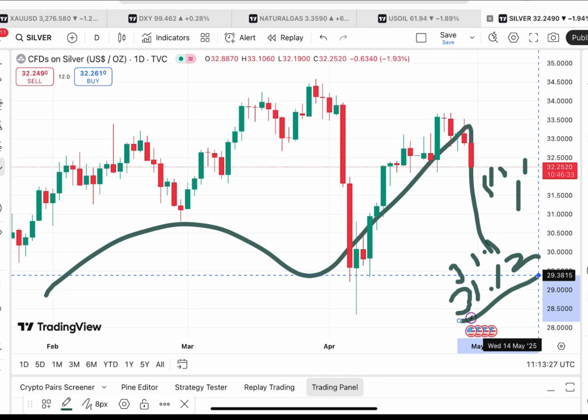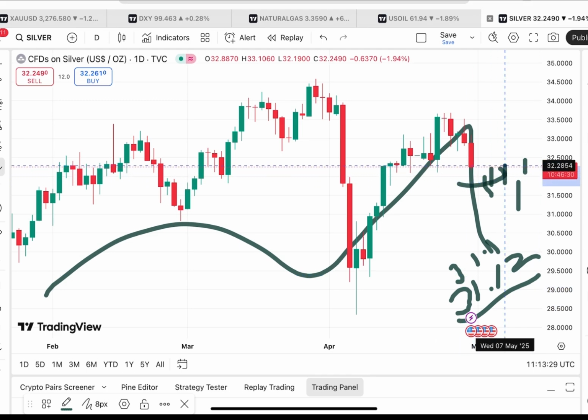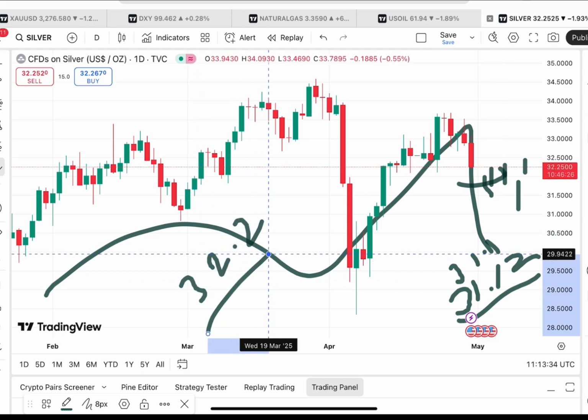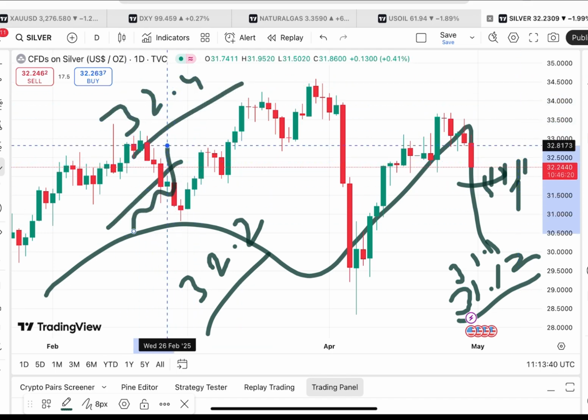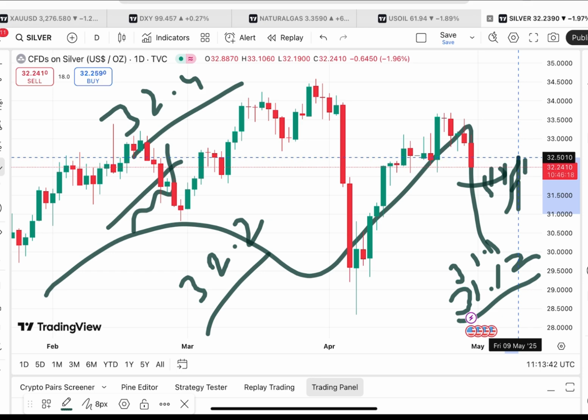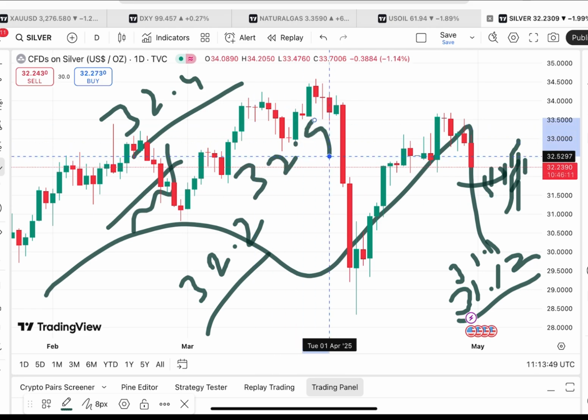There is a higher chance of going further low, but suppose it starts forming at this particular level and the price sustains this level, we can see it can touch a level of 32.2, and from there it will cross a level of 32.4. This level is already weak, so chances are high the price will go further upside, and after that it will touch a level of 32.5, and from there it can touch a level of $32.9.